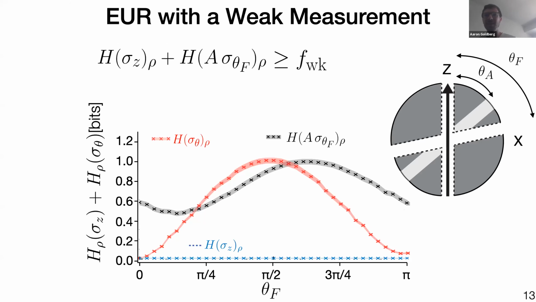Sorry, very quickly. Why doesn't your blue line change with the weak measurement? Like, why are you always allowed to do a strong measurement of sigma Z at the same time? Yes, great. I should say these quantities are measured separately. The first term of this inequality and the second term. Both measured separately. And the uncertainty relation holds even if they're done on separate states?